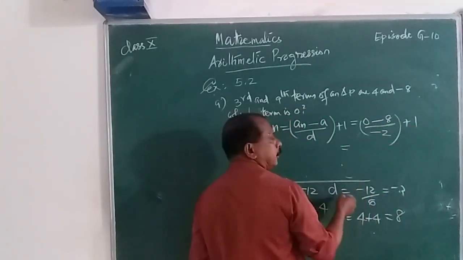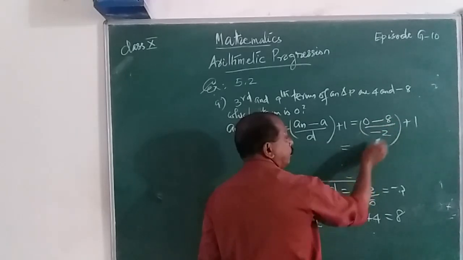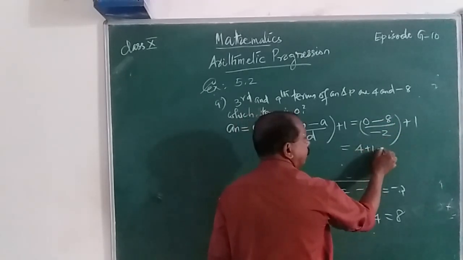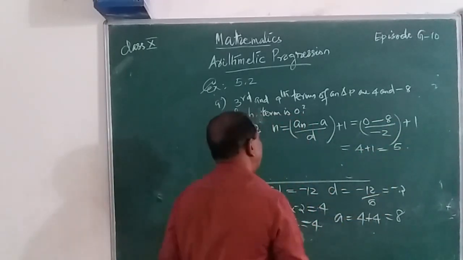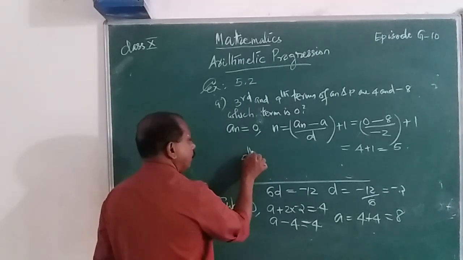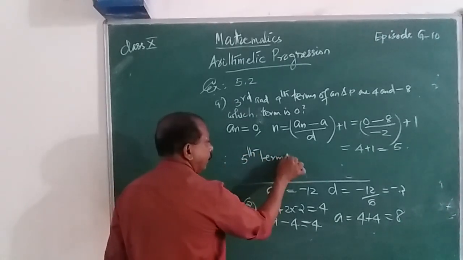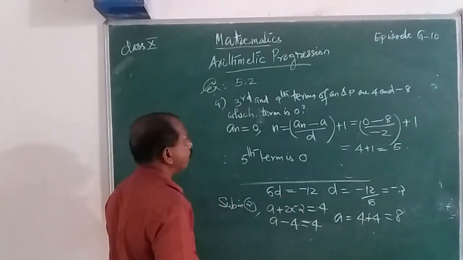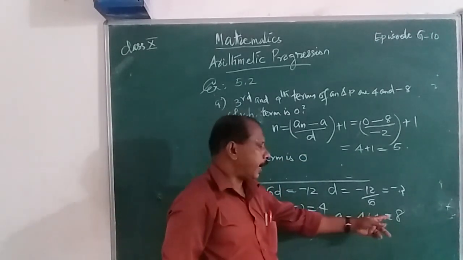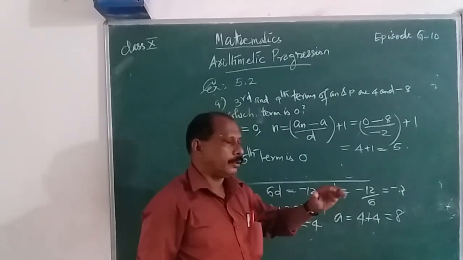Minus by minus is plus, 8 by 2 is equal to 4, that is 4 plus 1 is equal to 5. Therefore, the fifth term is 0. That is the conclusion.